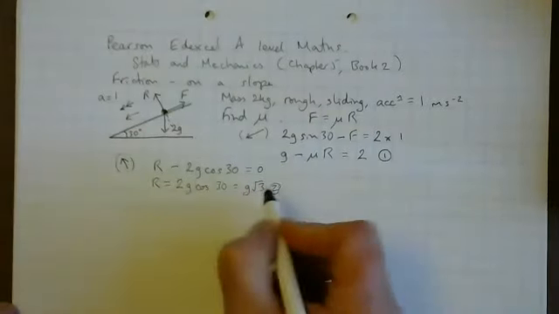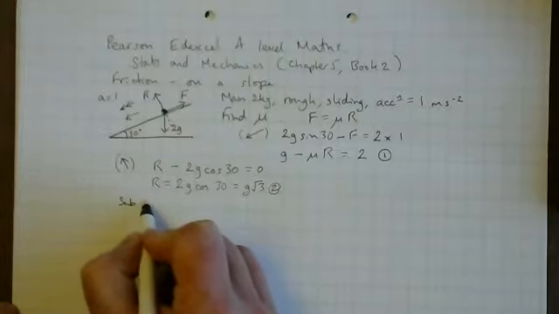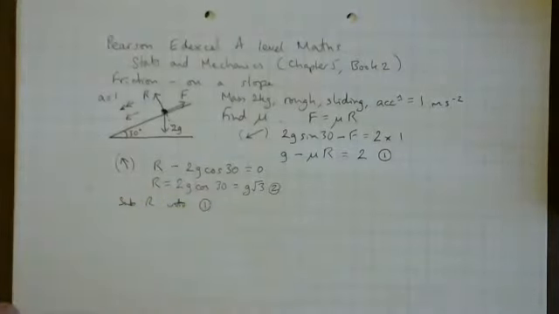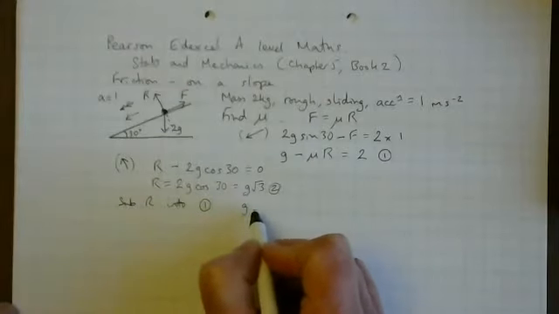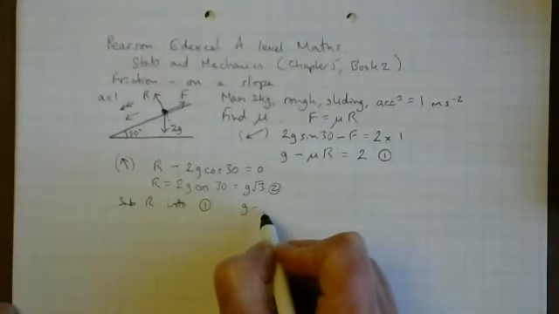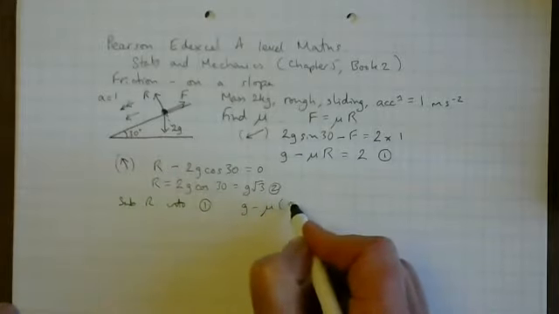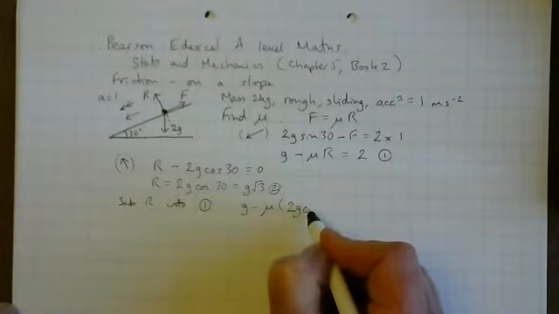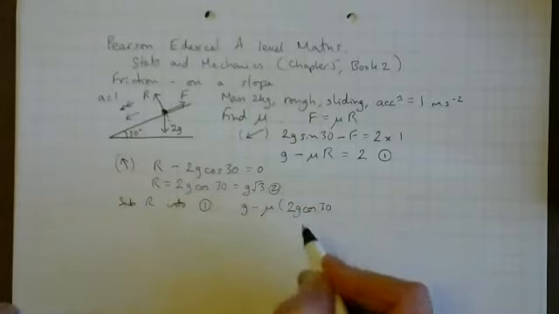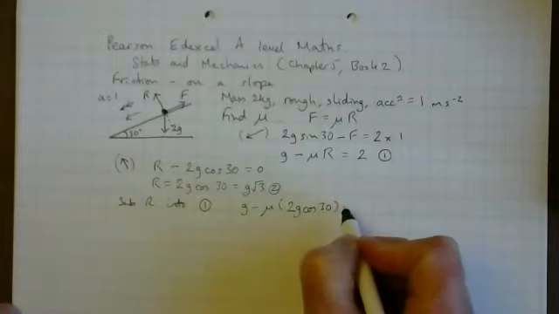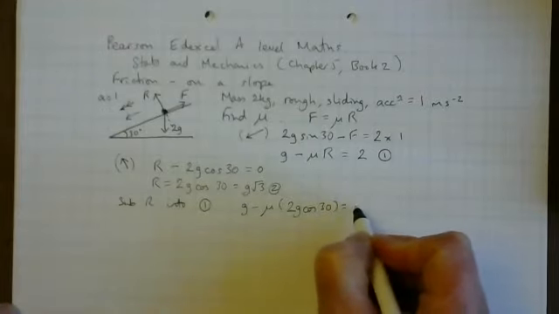So sub into 1. g minus mu times R, 2g cos 30. Oh, sorry, I could have done the numbers there, but equals 2.